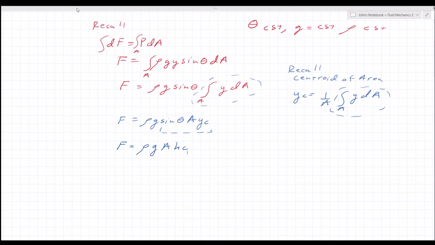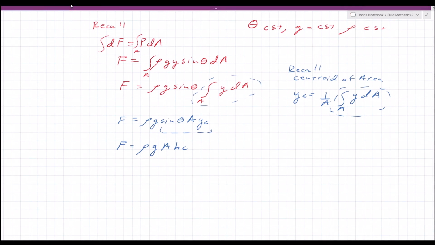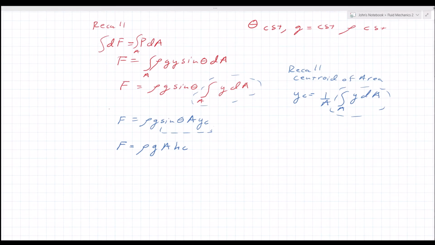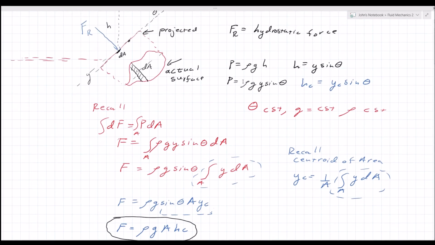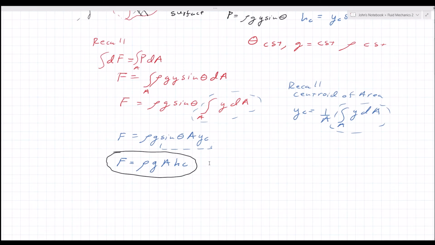And this would be my hydrostatic force. And if you know, my pressure equation here is rho g h, and this is rho g h_c, which means the hydrostatic force is also equal to the pressure at the centroid times the area of the plate.